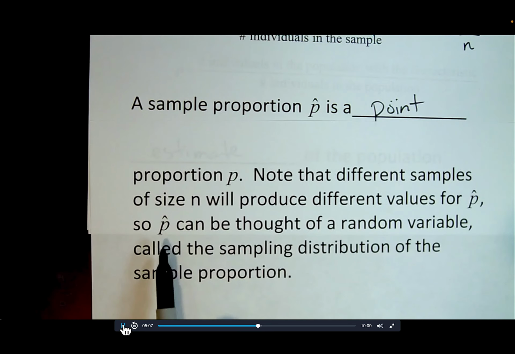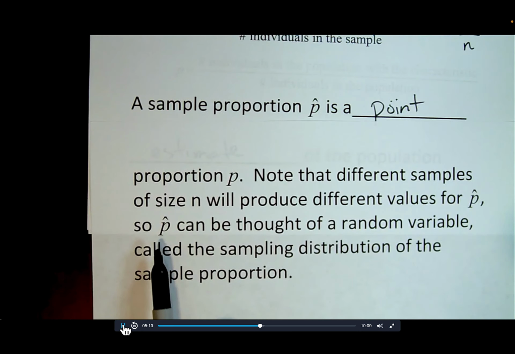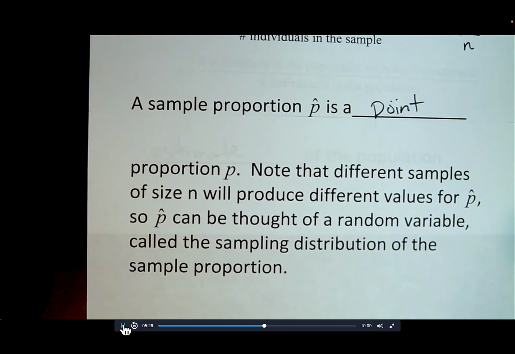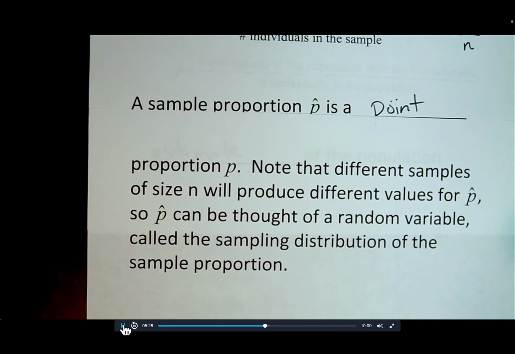The probability experiment that p hat is a random variable for is the experiment of taking n people or whatever out of the population and getting the sample proportion. And potentially you get a different answer for every different sample.